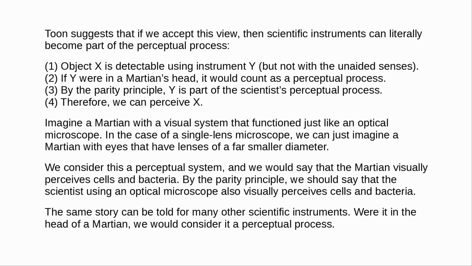I'm going to do two things. First, I'm going to present an alternative empiricist way of thinking about scientific instruments that still respects the insights of the extended mind. And then secondly, I will criticise the use of the parity principle in arguments that instruments extend perception. I don't think the parity principle can be applied in the way that Toon has applied it here.